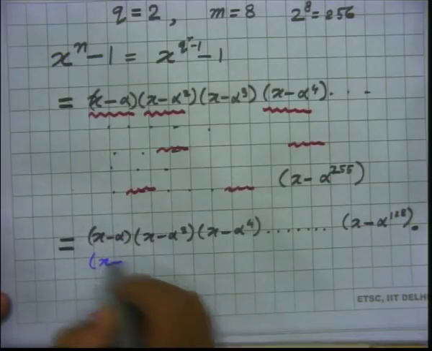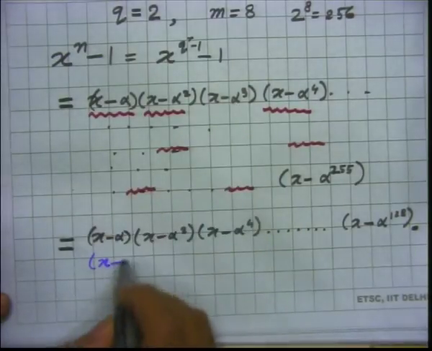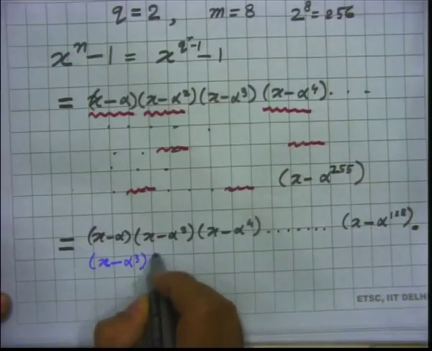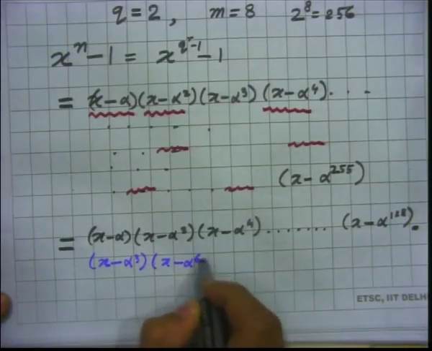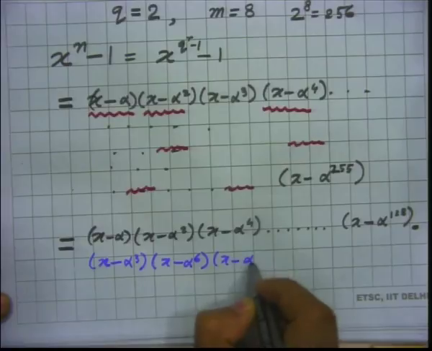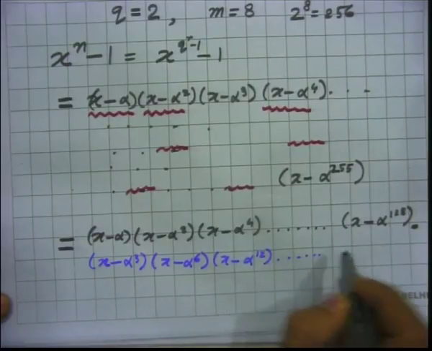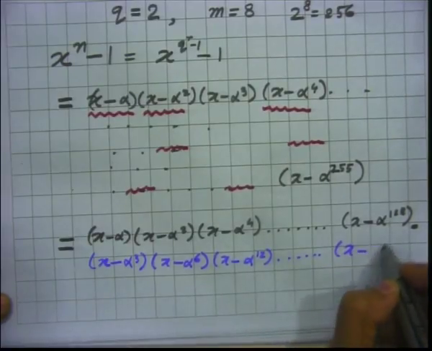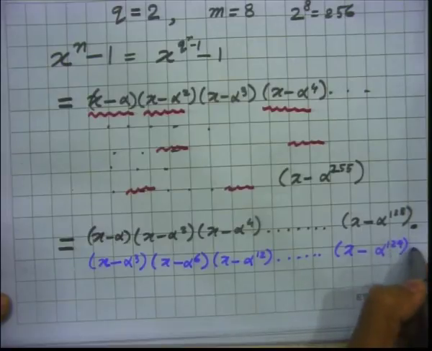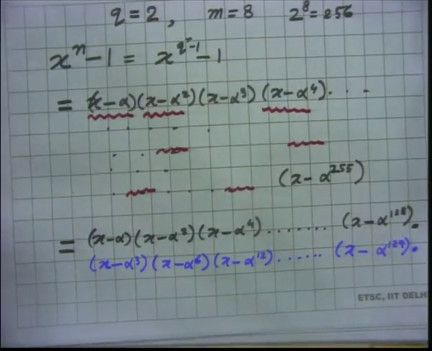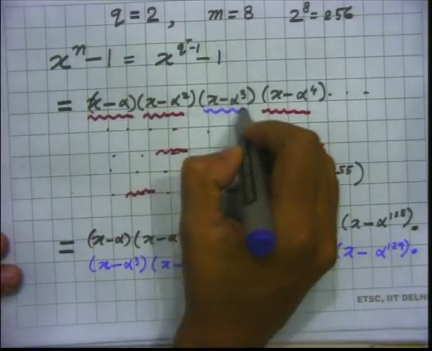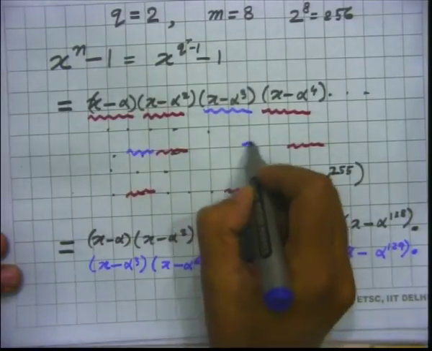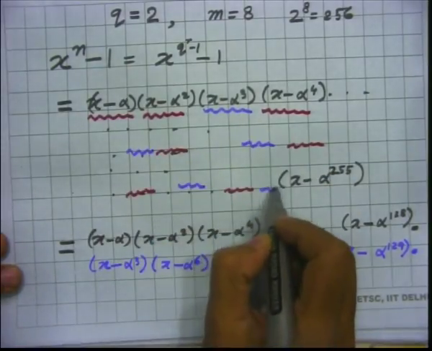and then x minus alpha cubed is missing. So, x minus alpha cube, x minus alpha 6, x minus alpha 12 and keep going till x minus alpha 129. And then you have actually exhausted some of the other ones.